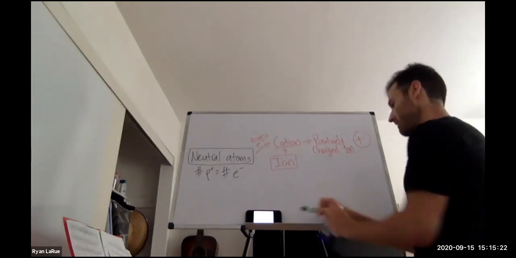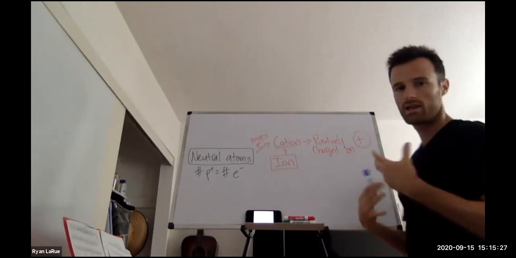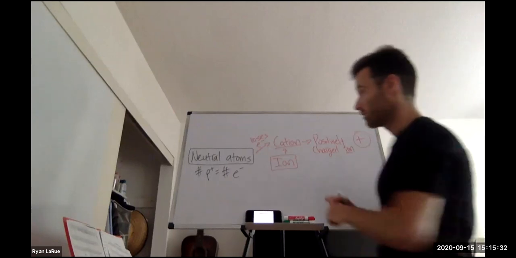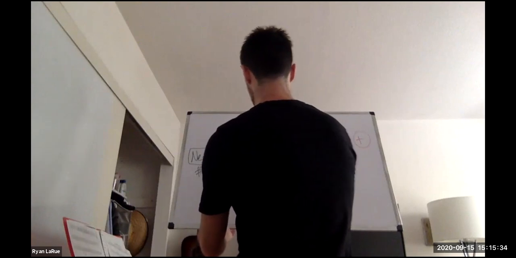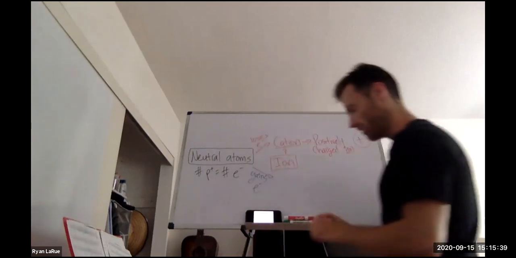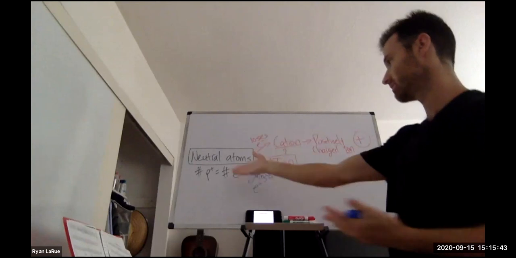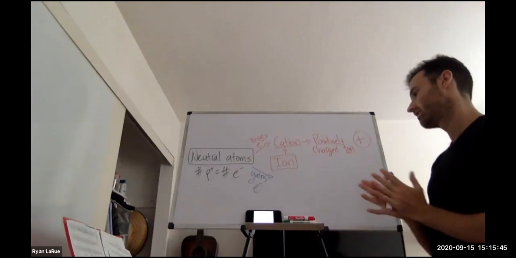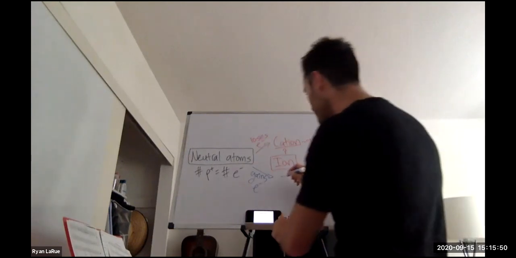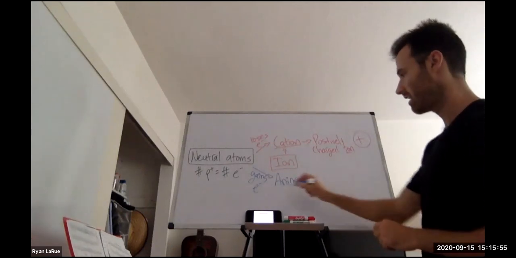Anyway, all right, let's talk about the next situation that can arise here. When a neutral atom gains electrons, or an electron. So we are adding electrons, or one electron, to this neutral atom. We call this, now this neutral atom has become an anion. An anion.